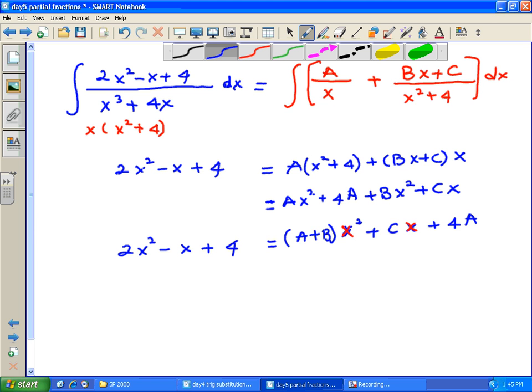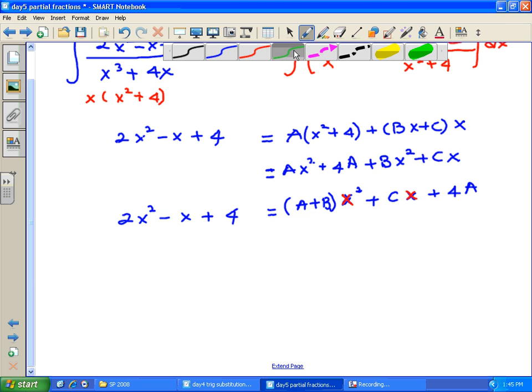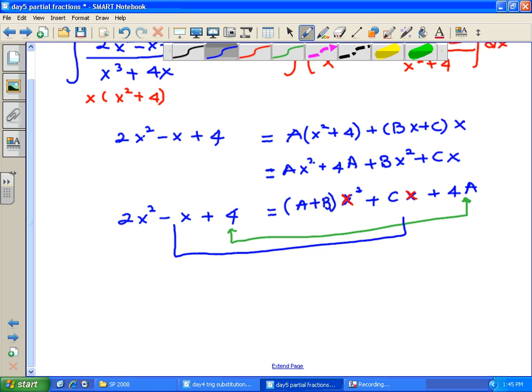So let's do that. First of all, I'm going to do the easy ones first. So the constant has to be equal to the constant term here. So 4 must be equal to 4a. That's one equation. Then I'm going to set the other ones equal. The -1 must be equal to the coefficient of x here.